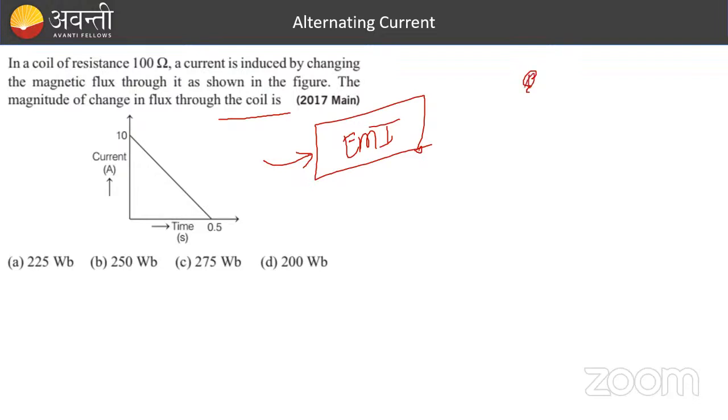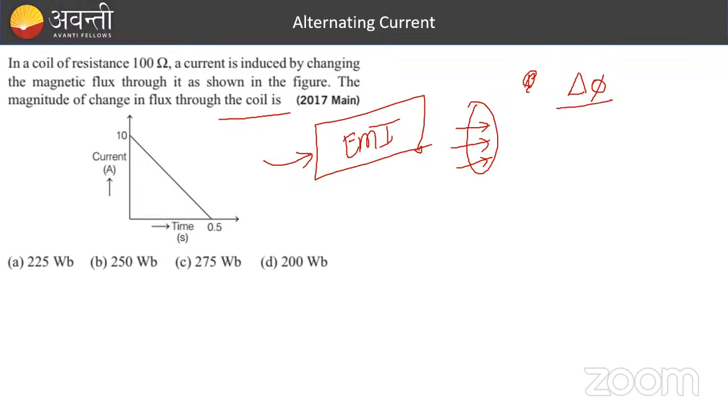I have discussed that if there is a coil and the magnetic flux is changing through it, EMF will get induced, current will get generated, and if current is generated, charge will flow. So the amount of charge flowing is related to the change in flux. How?